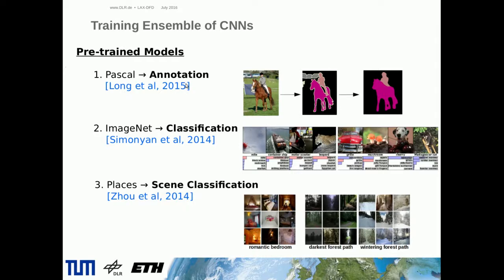So instead of starting with random values in our weights, we start with a set of pre-trained models or pre-trained weights. And what we used here was the Pascal VOC from Long et al. That's a semantic segmentation task. We used the weights from the ImageNet classification. So this is not semantic segmentation, but a classification task.